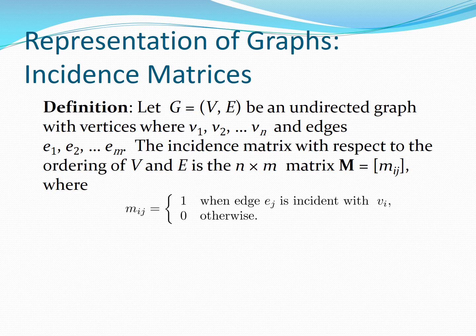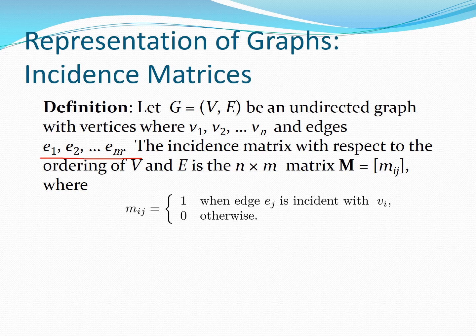In here you come up with a matrix, but the matrix is built between the vertices and the edges. Let's say you have a given graph G with a set of vertices and a set of edges. You're actually going to name the vertices in the given graph before you get started with drawing the incidence matrix.